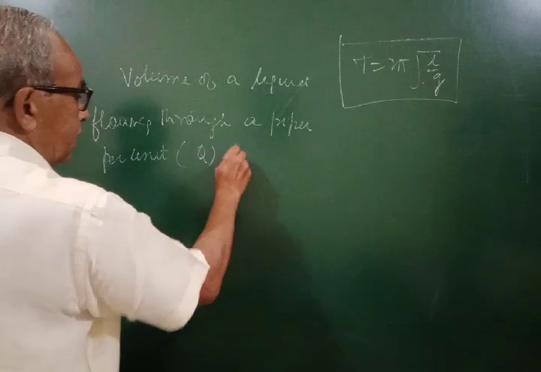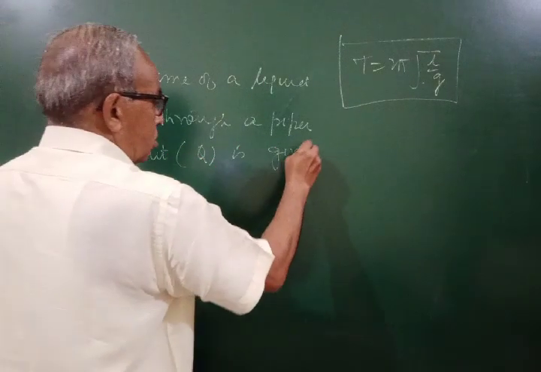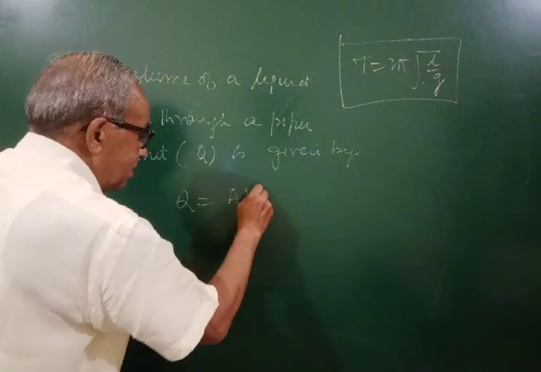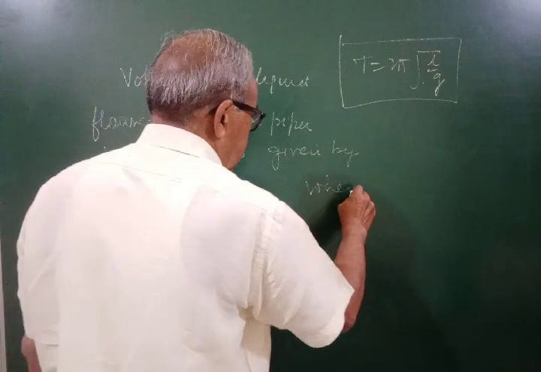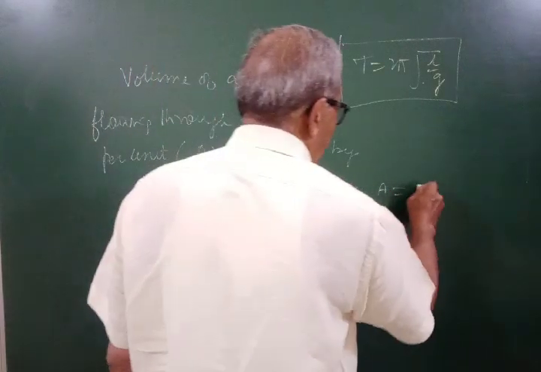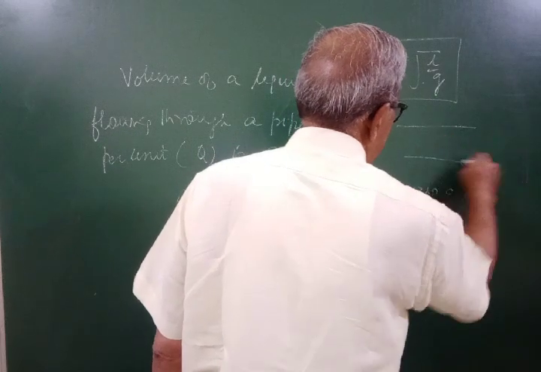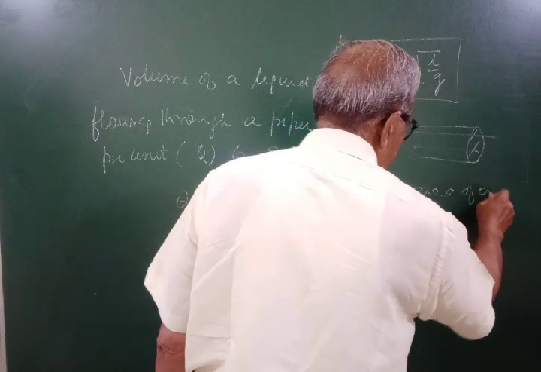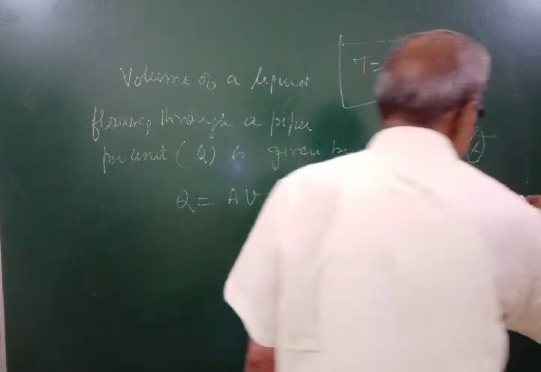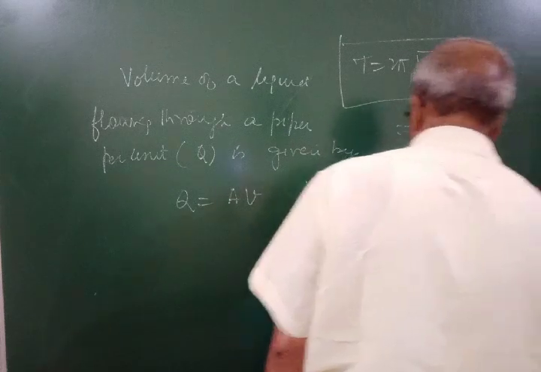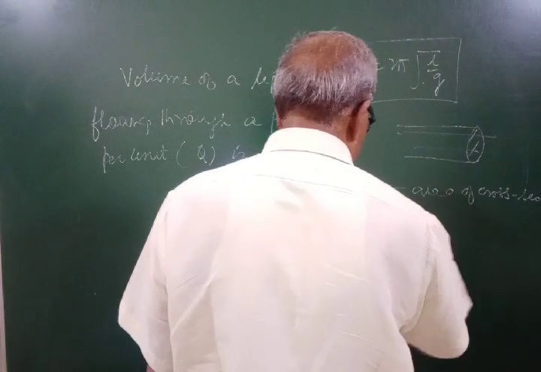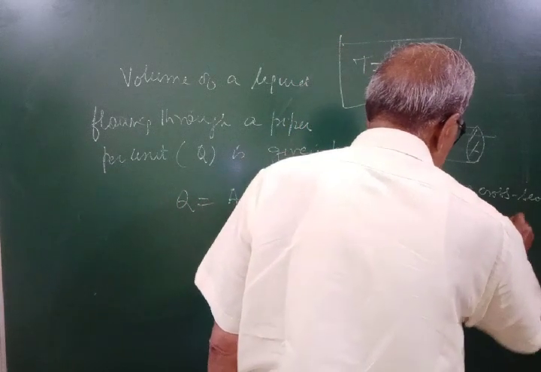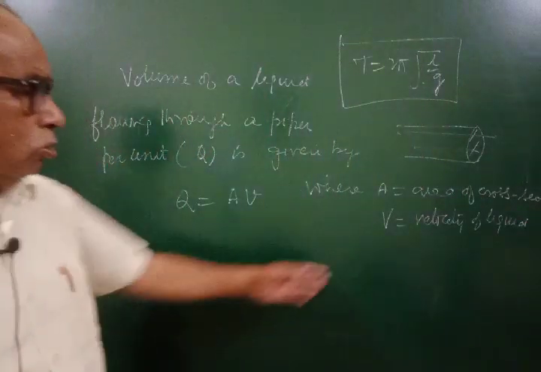This quantity Q is given by Q is equal to A into V, where A is the area of the pipe. See, the pipe has this area, the liquid flows in it. The area of cross section of the pipe. And V is the velocity of liquid.